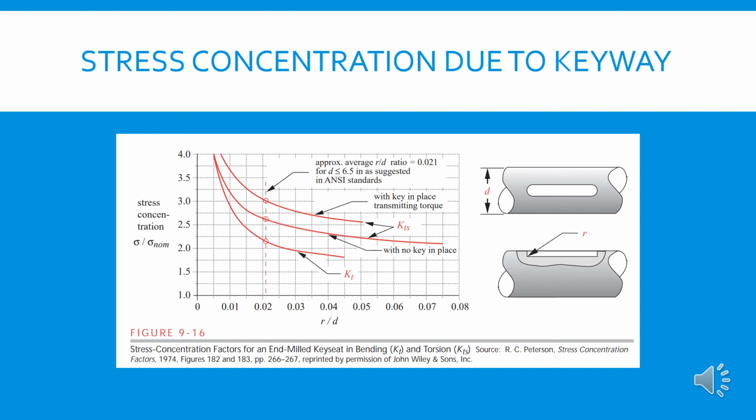You can use a standard table like this to determine what the stress concentration value is that's created with the key seat. Now, the reason it's a stress concentration is because it creates a weak spot in the component, and you need to incorporate that into your selection of material and the size of that component. So you can use a table like this to find the value of K sub T.